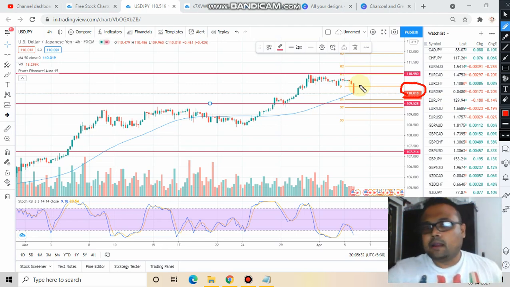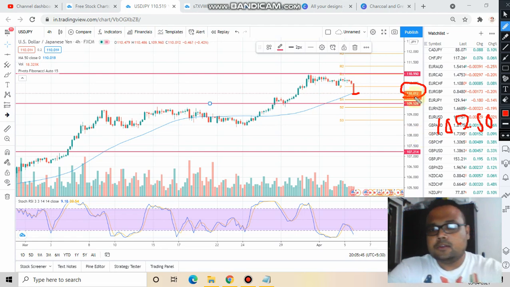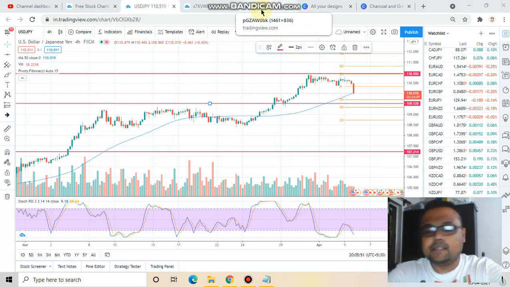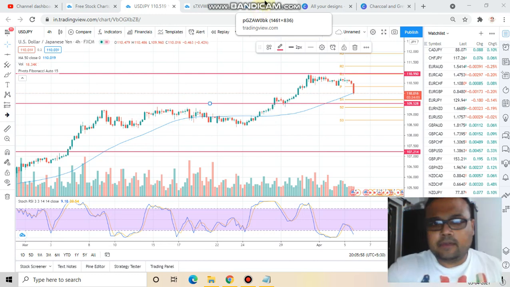So wait for the market either to take support at the 50 moving average or take support at this particular level, 109.50. This is the only thing we need to do right now. Market has just opened today, so we must be very careful.